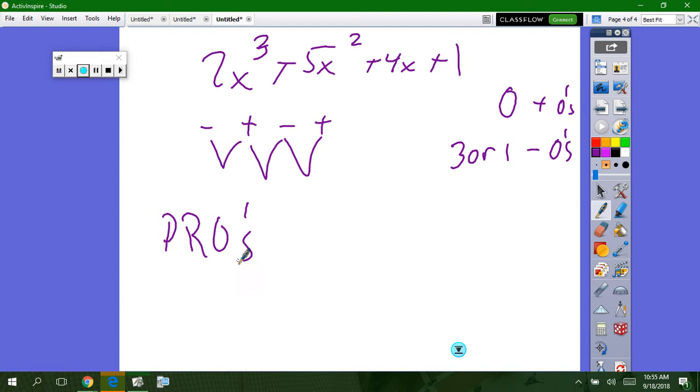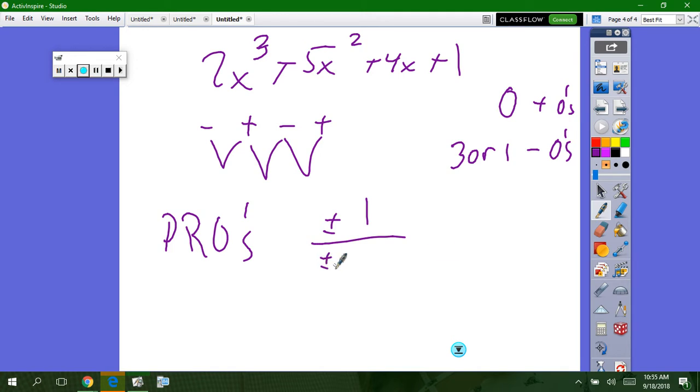Okay, how do we find our possible rational zeros? Once again, we look at the factors of my constant. Who's my factors of 1? Plus or minus 1, right? Who's my factors of the leading coefficient? 2.